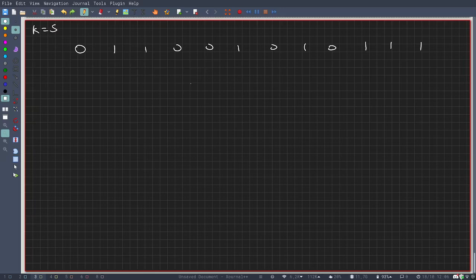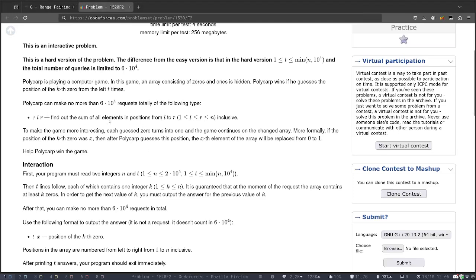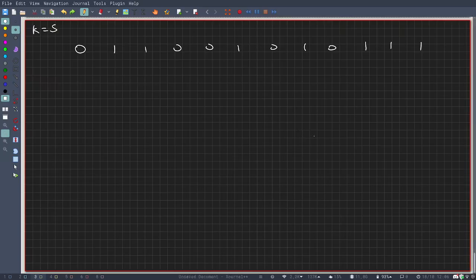Okay, but yeah, you said the number of zeros is the length minus the number of ones, which is the sum. Okay, but yeah. So in a query, you can find the number of zeros from L to R, right?